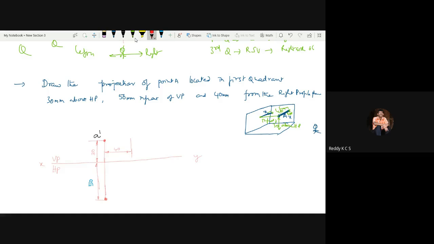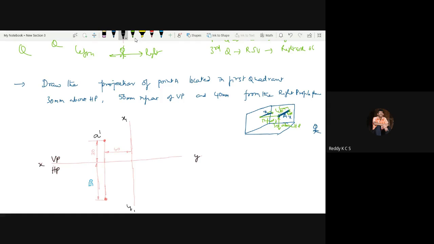So take a line which is at a distance of 40 mm, means from here to here you measure 40 and then draw vertical line x1 y1. Okay. So this is about x1 y1, and this is xy, and this is VP and HP.